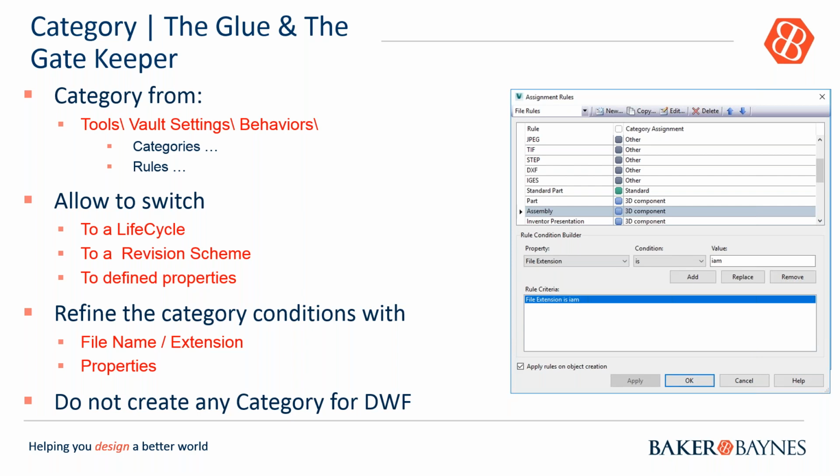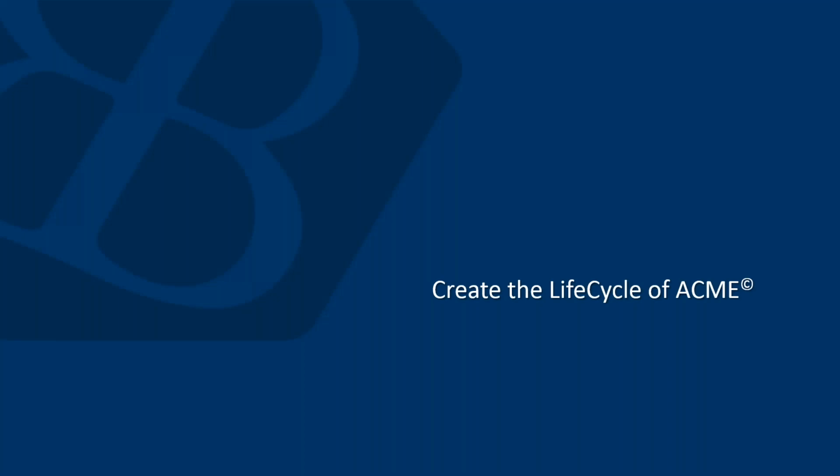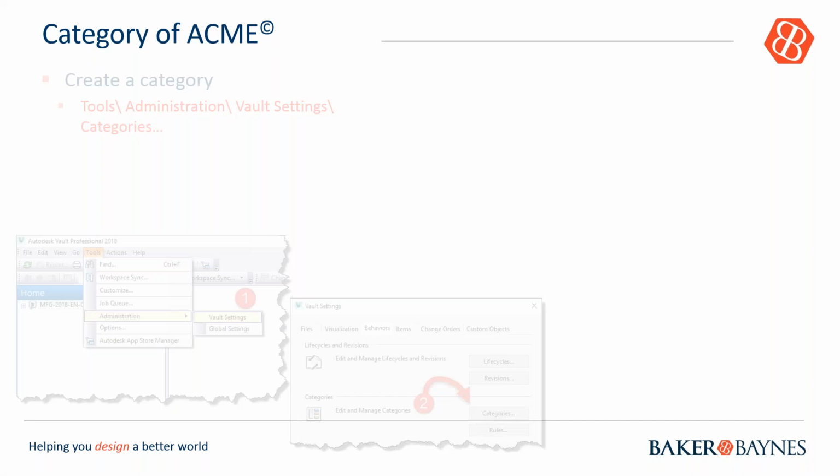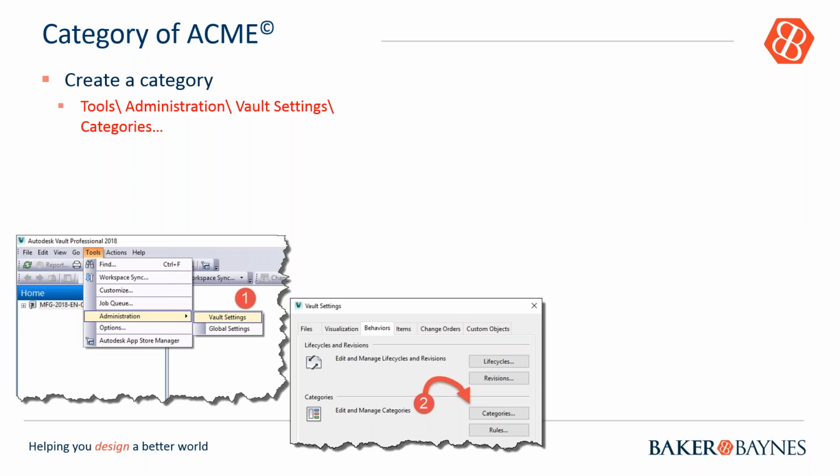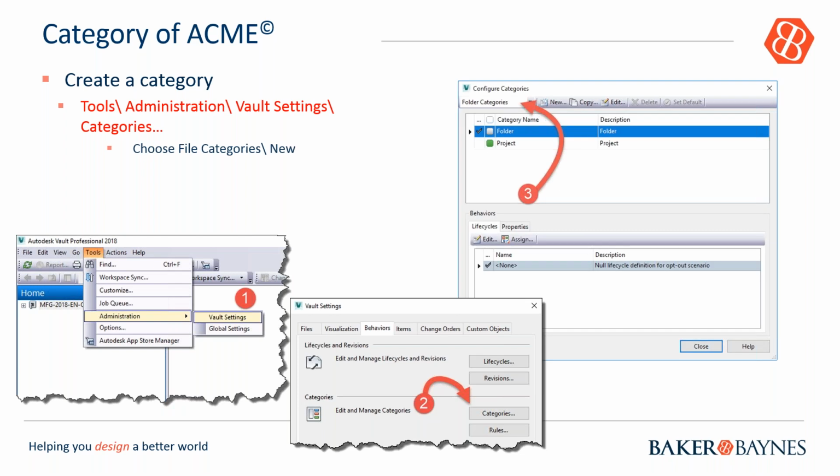Next, we're going to look at some information about creating the category itself. We'll create it for an ASME standard. To create the category, again, tools, administration, Vault settings. We go into category, and from there we've got different types of categories. We've got folder categories and file categories.